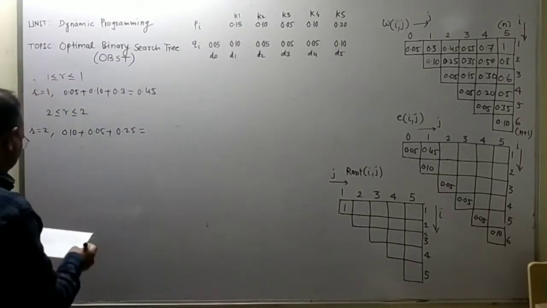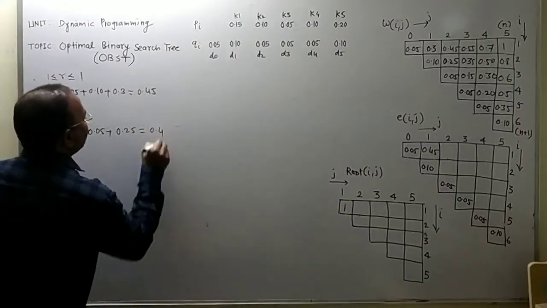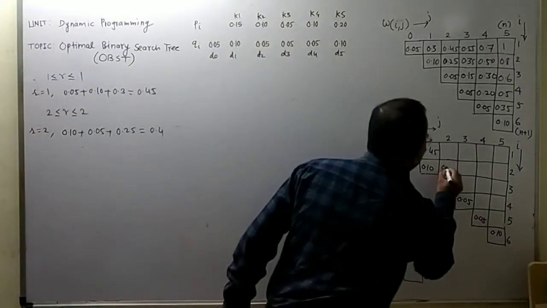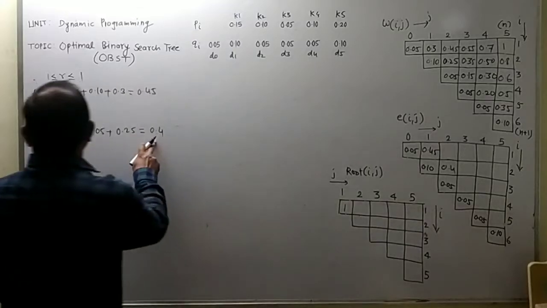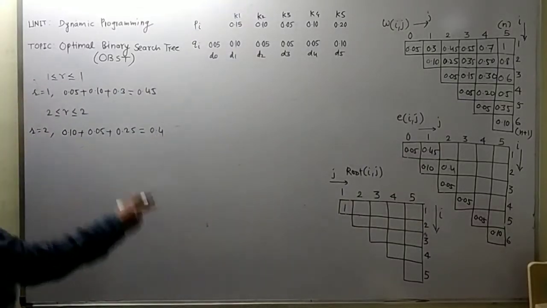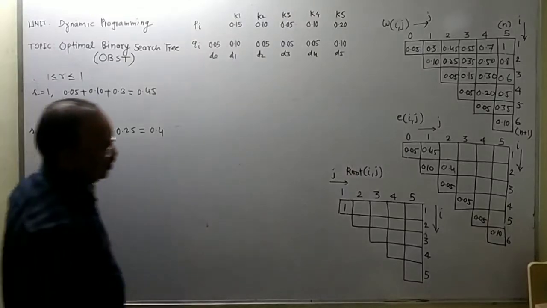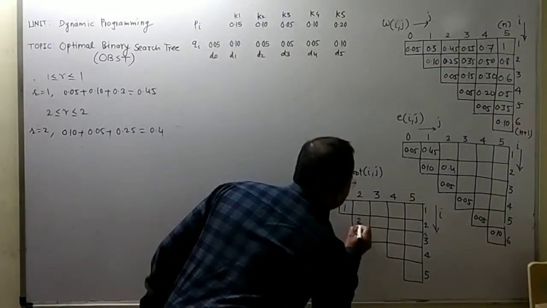It comes to 0.4, and we have got 0.4 for R is equal to 2. Put R is equal to 2 at 2 cell. This one means 2.